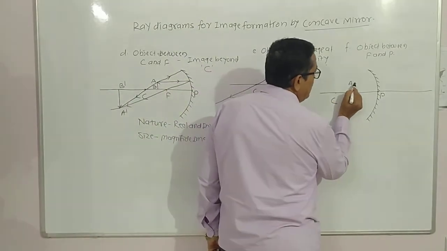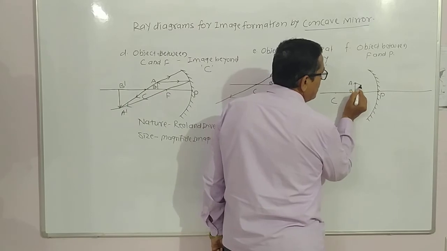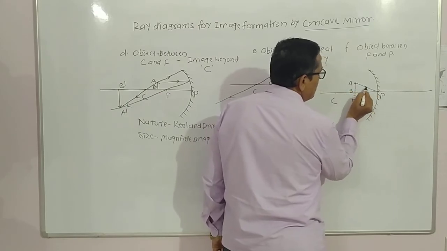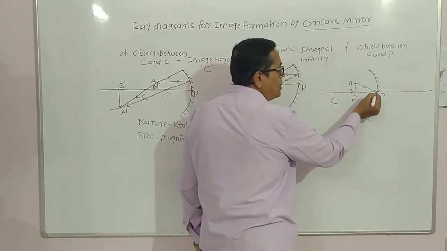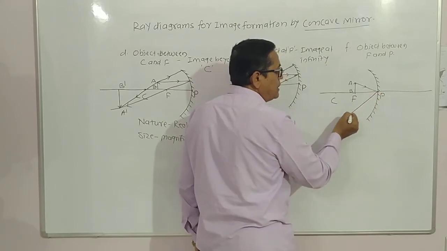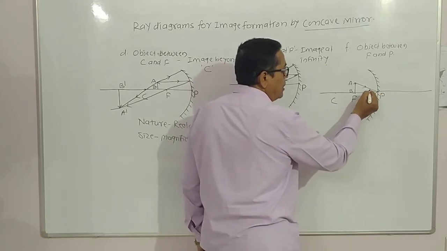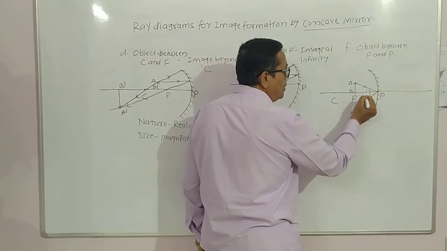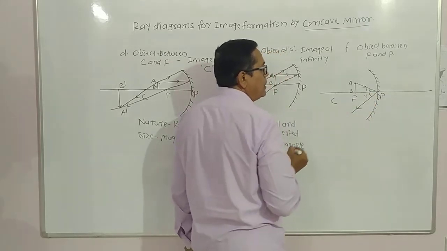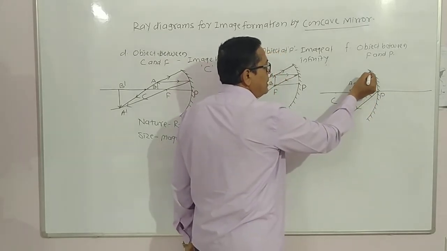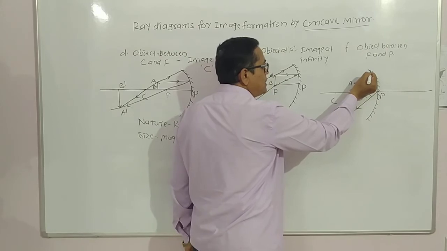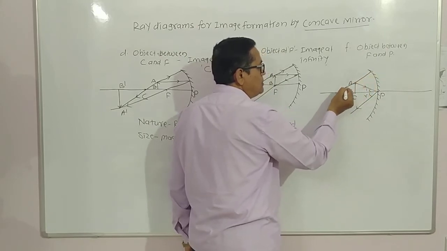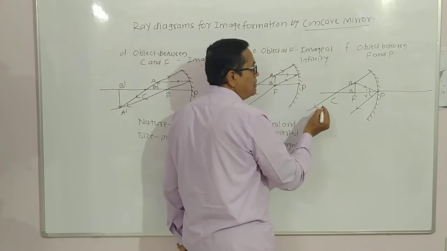Here light ray incident on the pole, reflected ray in this way. Here angle of incidence and angle of reflection are the same. And next here the light ray which passes from center of curvature.